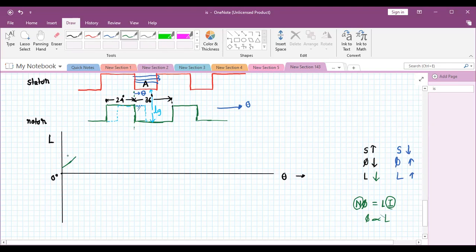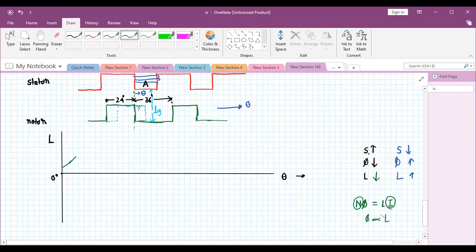Because the rotor pole is gradually coming under the stator pole. Are you getting? As it is moving from the right hand side, your rotor pole is coming under the stator pole. Yes or no? As the rotor pole is coming under the stator pole, the reluctance will be decreasing.